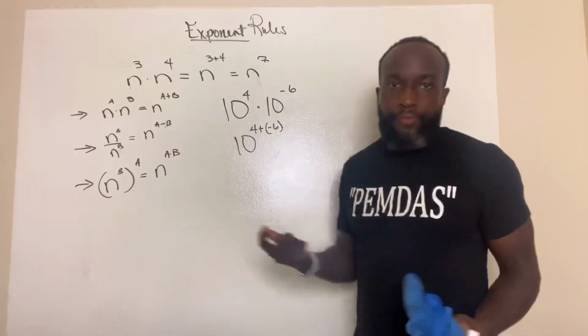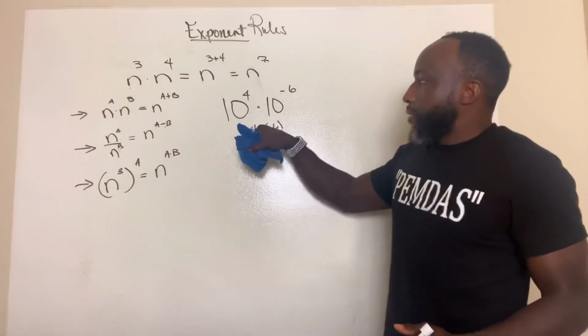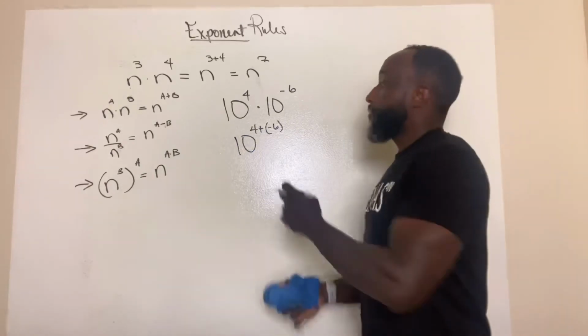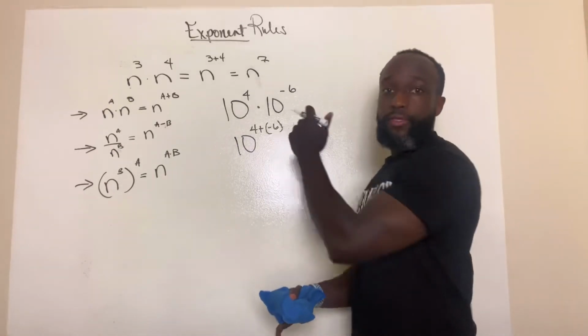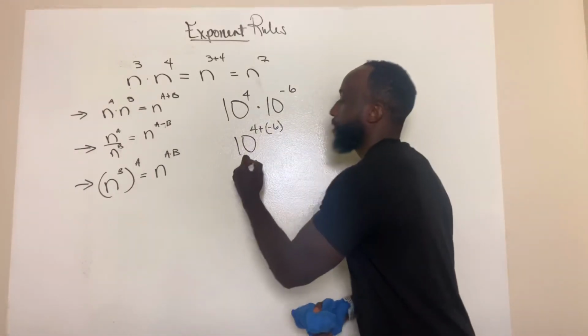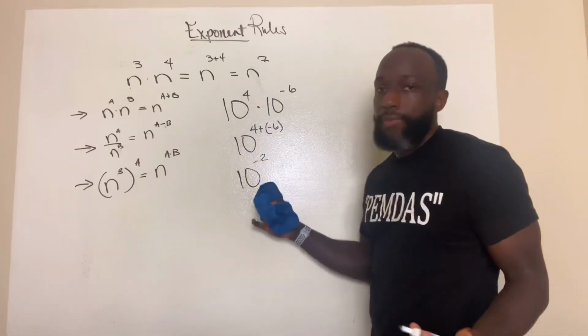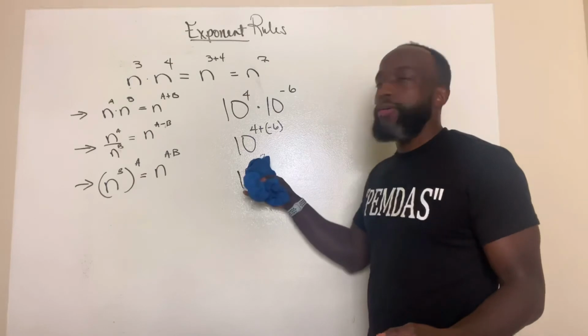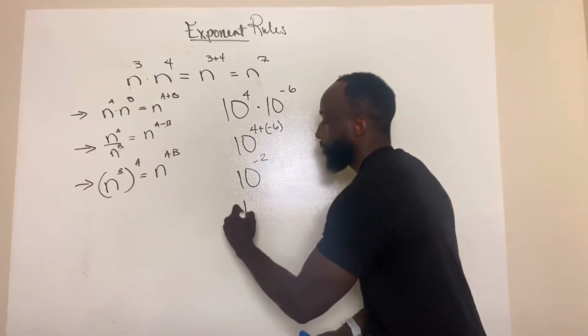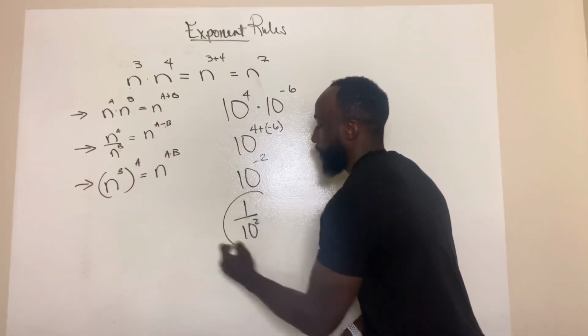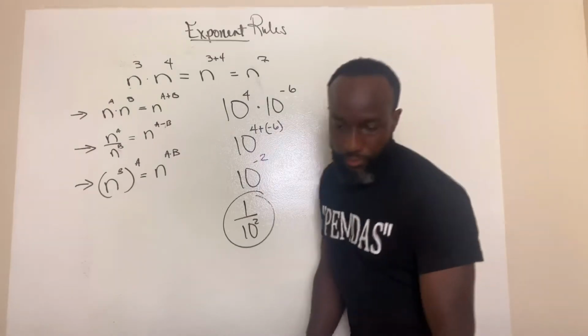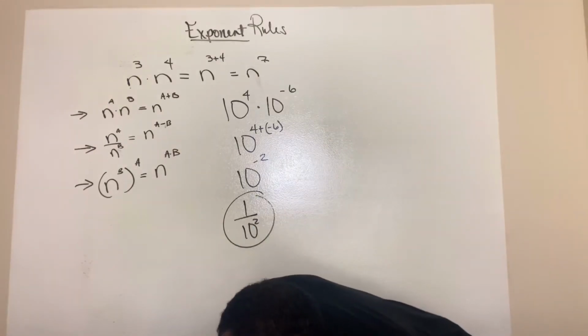All right? Same sign, add and keep; different sign, positive, negative, subtract. So you end up with 10 to the negative 2 power. Then from here, you want to simplify this correctly. So you can't have a negative exponent, you put it in the denominator. So it'll be 1 over 10 squared. Okay?